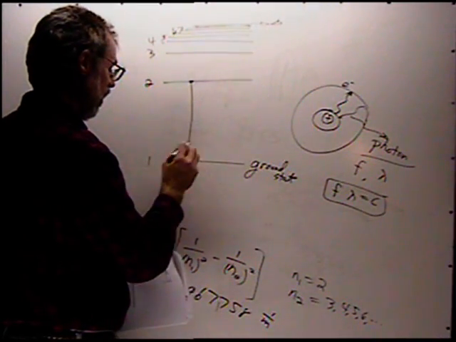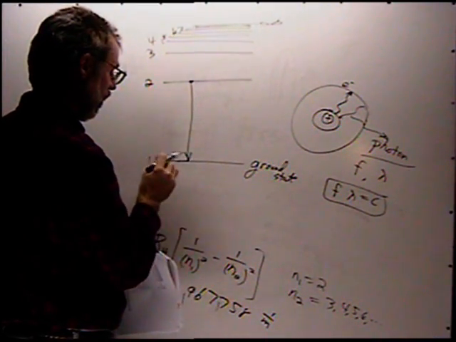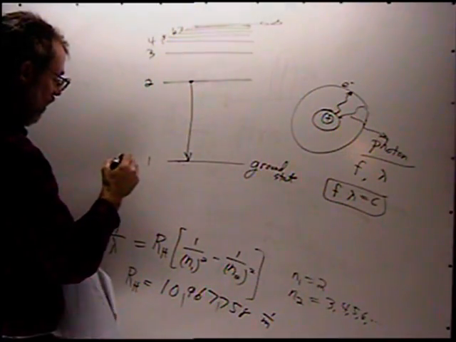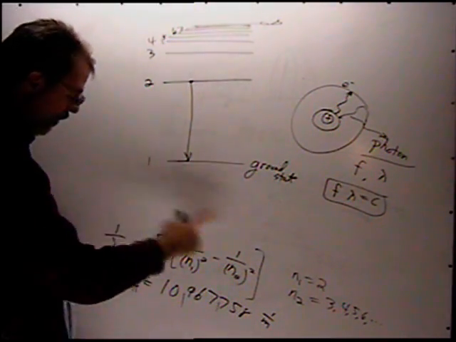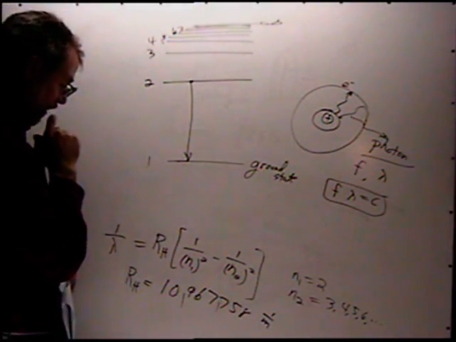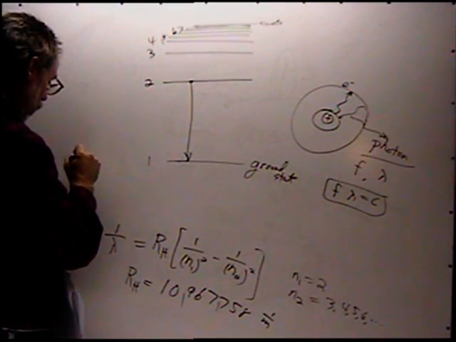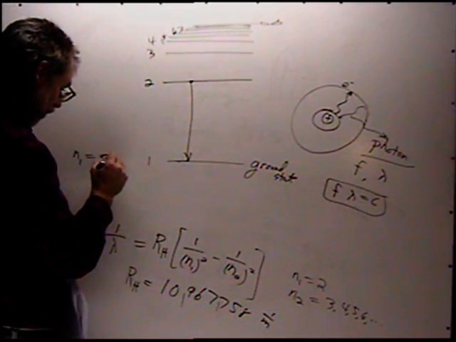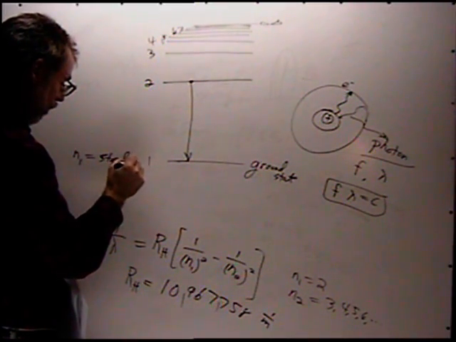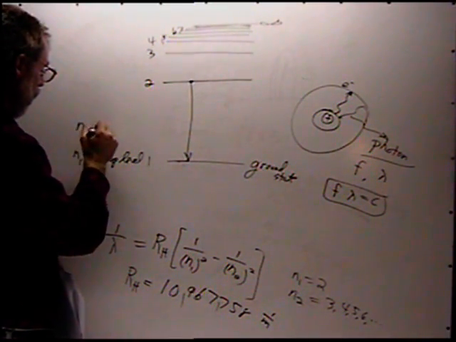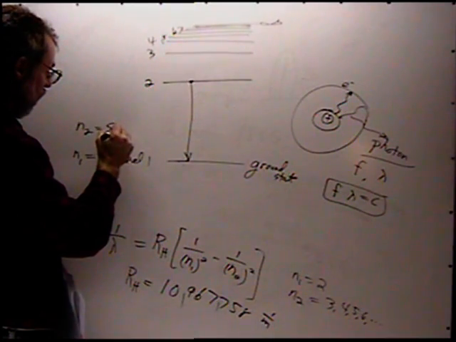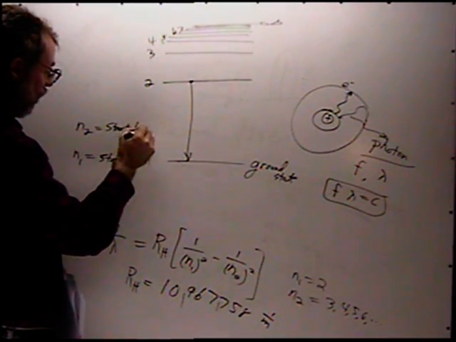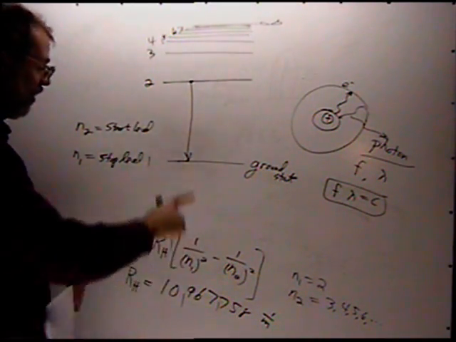See, this is basically the way this works: n1 is our stop level, and n2 is our start level. Now this equation begins to make sense.